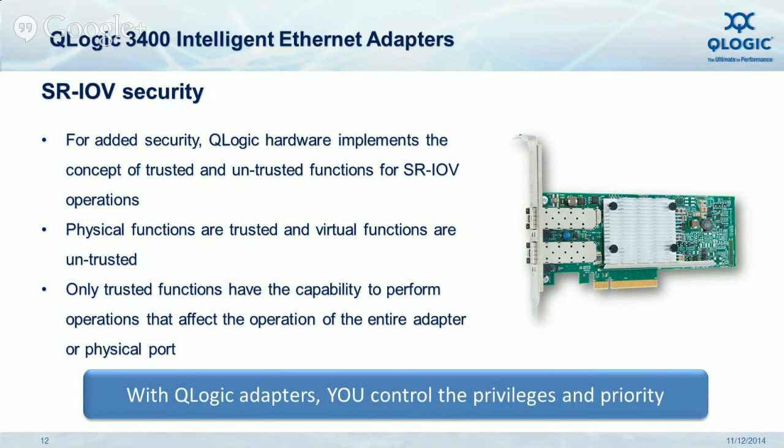Virtual functions are untrusted. Only trusted functions can go down and actually leverage the card's hardware and make changes that are more lasting and permanent and could intrude on another slice of the network pipe. An untrusted function won't have that power. It's going to be something you manage and control, and you protect them from each other and from other virtual machines. This is part of the tunneling technology that we have in our cards.